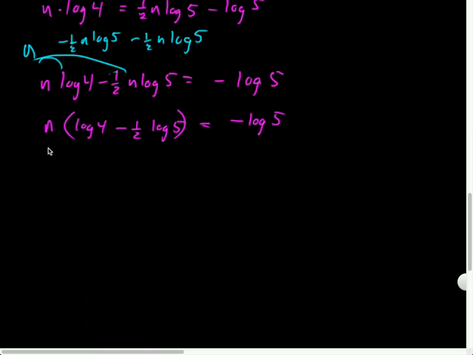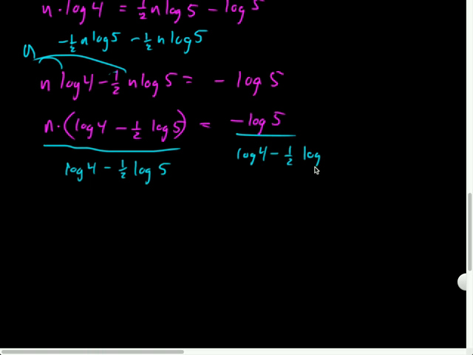And what would I do to get n by itself? Ideas? Divide by this big ugly thing, log 4 minus 1/2 log 5.